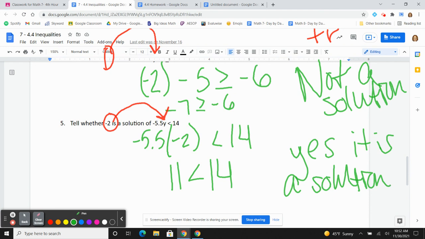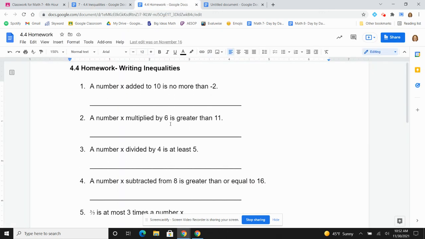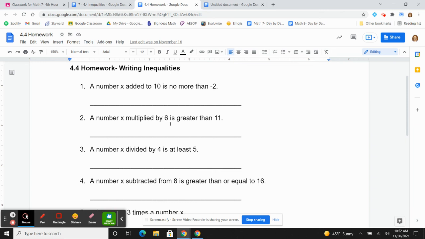Your homework is all about writing inequalities. You don't have to do any checking of inequalities, but typically you will just write yes or no. Your homework, which I will pass out here in a second, is all writing the inequalities. A number x added to 10 is no more than -2.